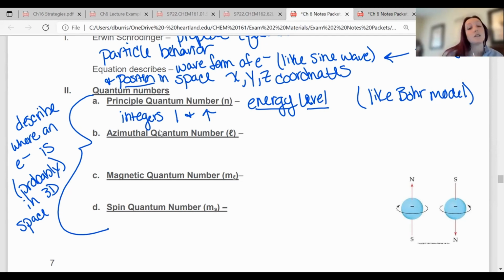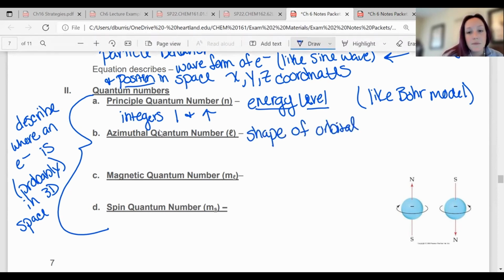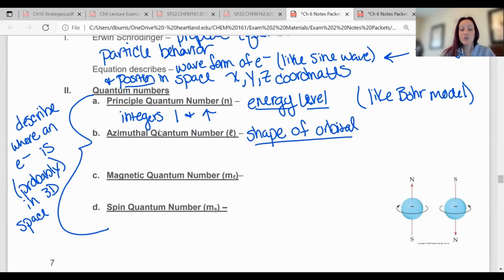The azimuthal quantum number is a cursive L. I tried to find the best cursive L that I could. This tells you the shape of the orbital. These are not all circular like you might think. They have different shapes of where that electron might be, so I'm going to write not all spheres. They've determined these both by testing and mathematically.